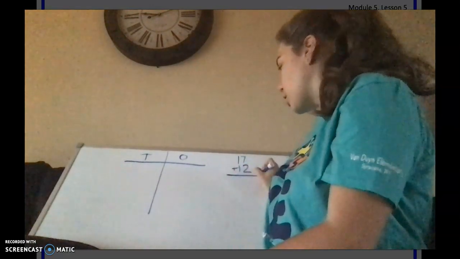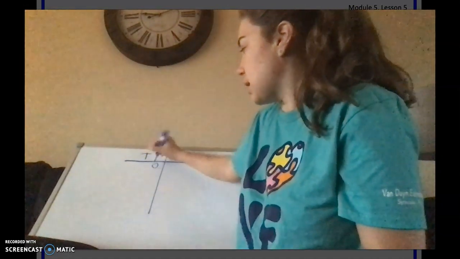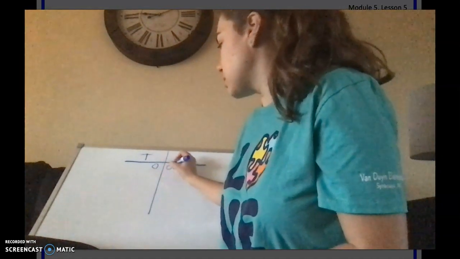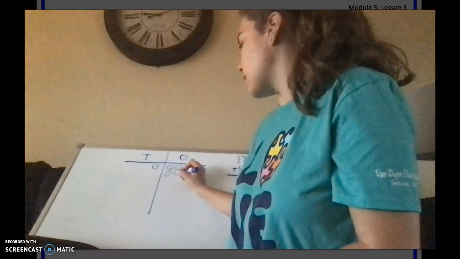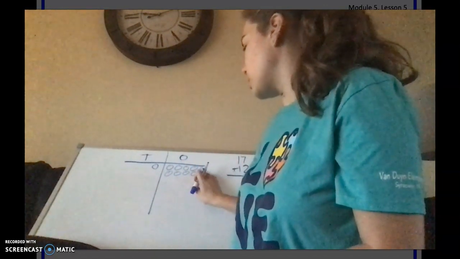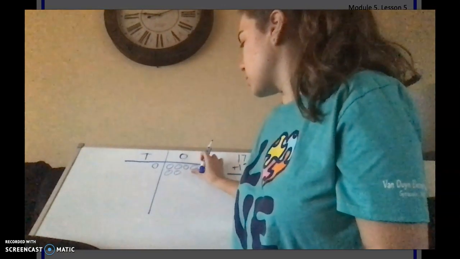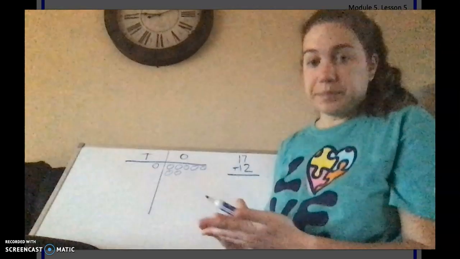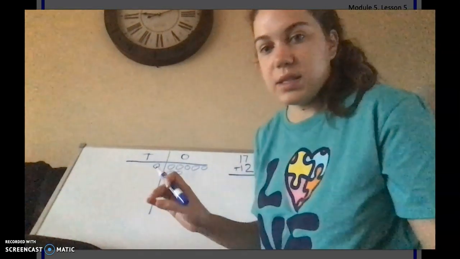So let's first show 17. So that's 1 ten and 7 ones. 1, 2, 3, 4, 5, 6, 7, 8, 9. Oh, too many. So 6, 7. So that's 1 ten, 7 ones for 17.